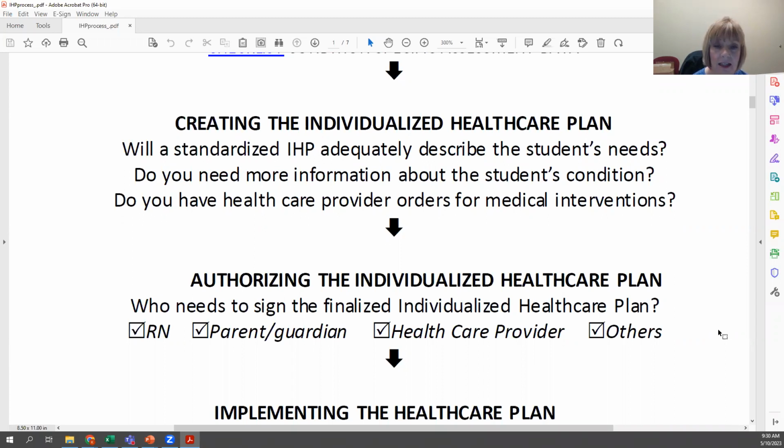Let me just say this, that if we were working in the hospital or a clinic environment, that patient's plan of care would be really necessary, because we'd be changing shifts, and the next person coming on would need to know that information.